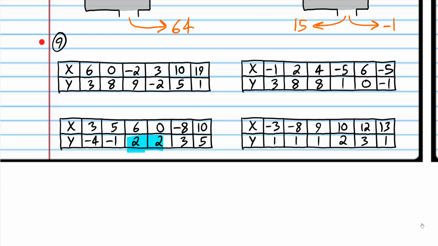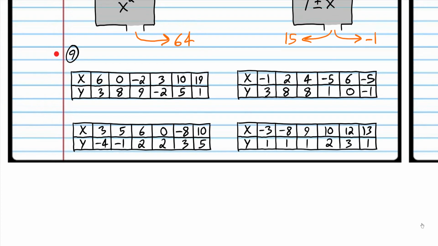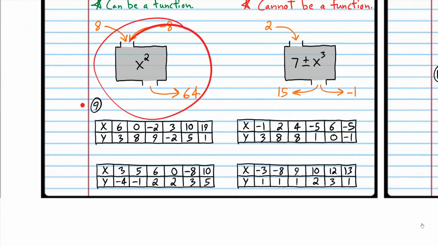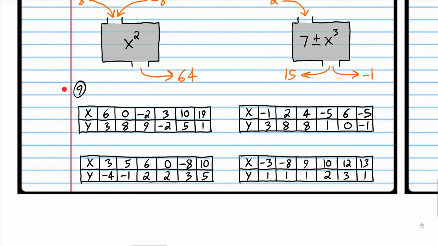But if numbers are repeated in the Y row, that's okay, because that's this scenario here. There are no numbers repeated in the X row here, but we do have numbers repeated in the X row here, so that means this cannot be a function.